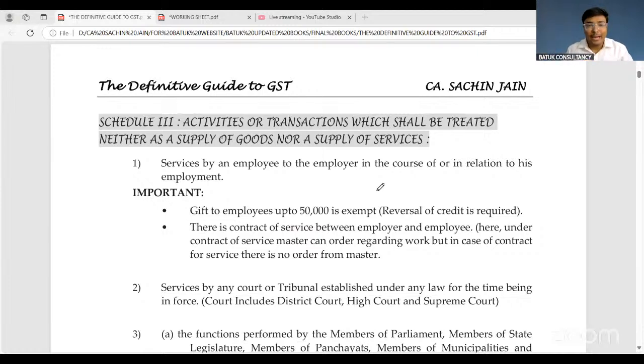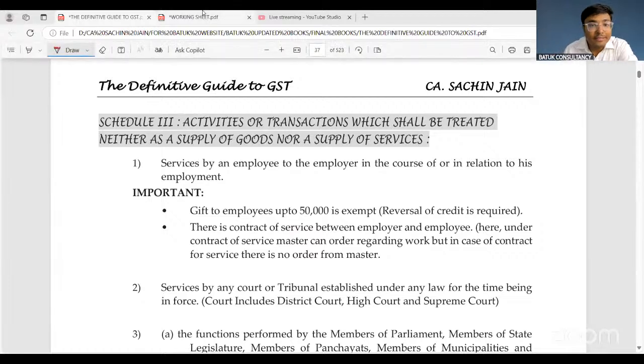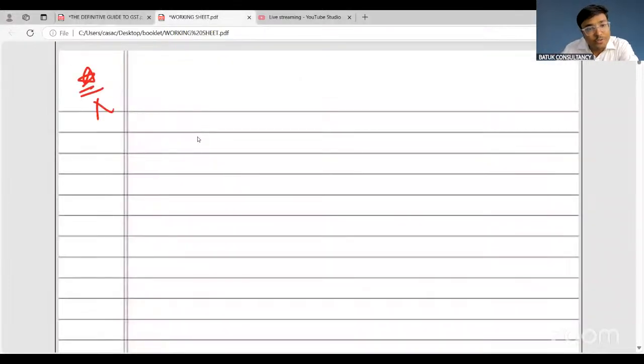Thank you, sir. Now, let's start our discussion on schedule number 3, that is neither supply of goods nor supply of services. There are certain activities or transactions which will be treated as neither supply of goods nor supply of services.